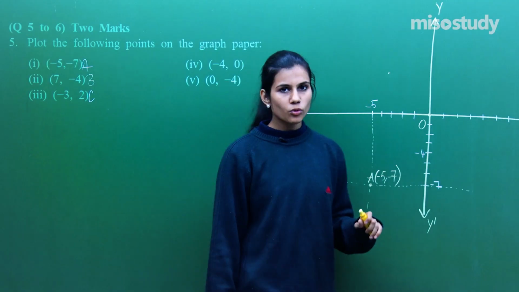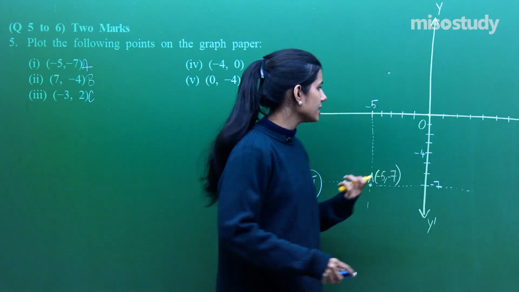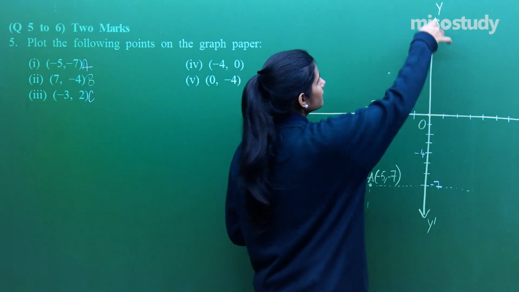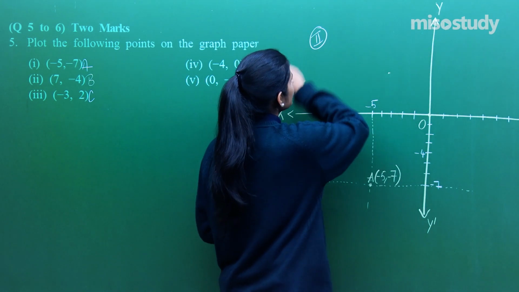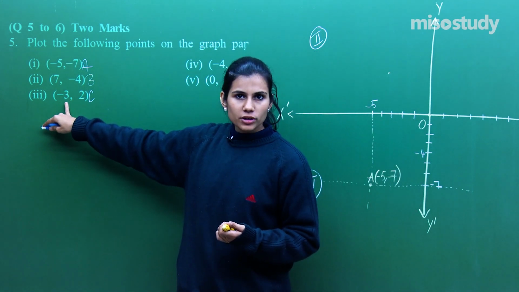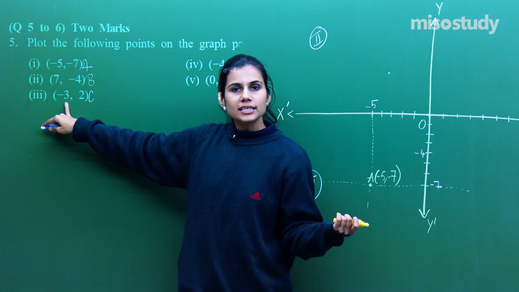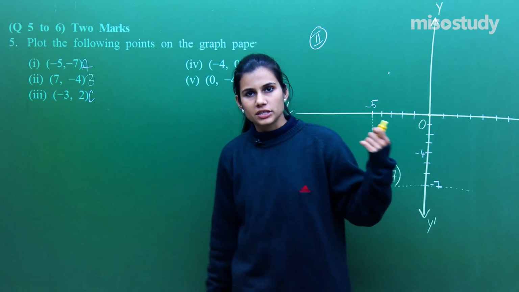Then you have -3, 2. So what did we have to plot? We have to plot C, that is -3, 2. -3 means negative x-axis and 2 means positive y-axis. Negative x-axis, positive y-axis, quadrant is X dash O Y. That means my point C is going to lie in the second quadrant. I just have to move 3 units in the negative x-axis direction and measure 2 units along the positive y-axis.